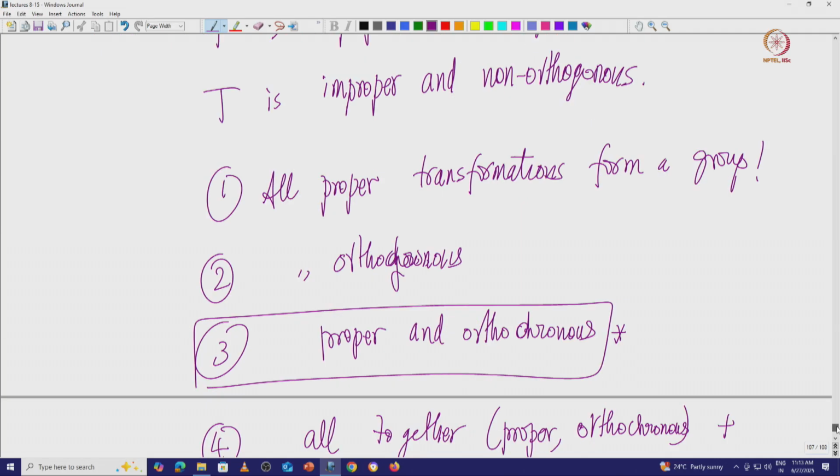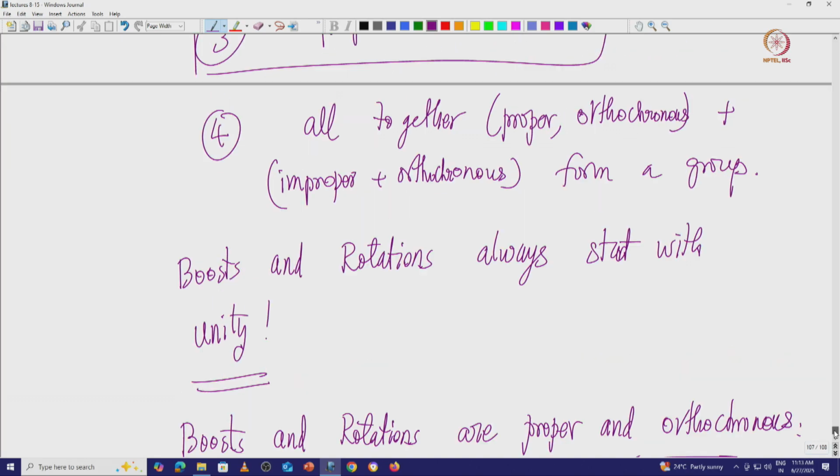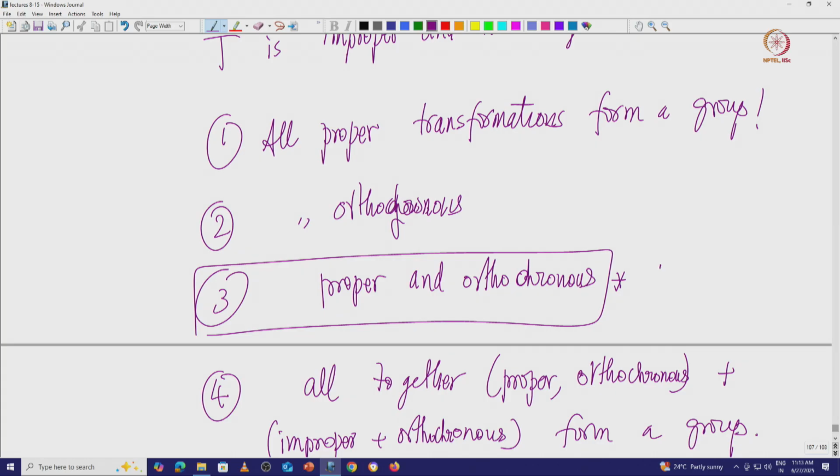For example, all the proper transformations form a group, all the orthochronous transformations also form a group, and all the proper and orthochronous transformations also form a group. And this is where our boosts and rotations lie essentially.